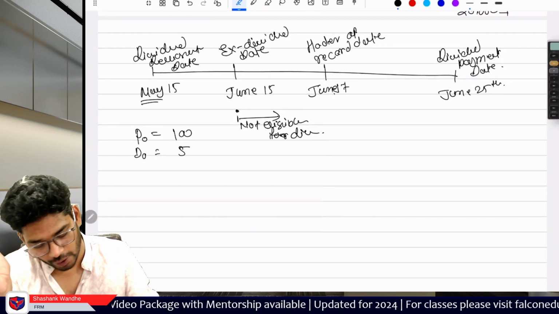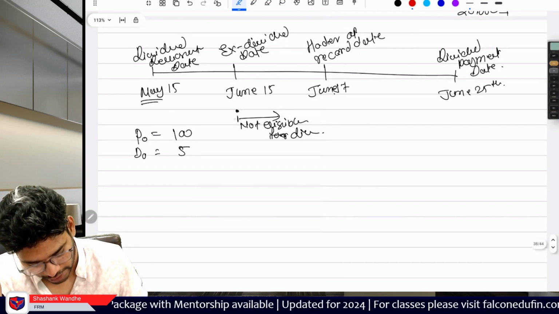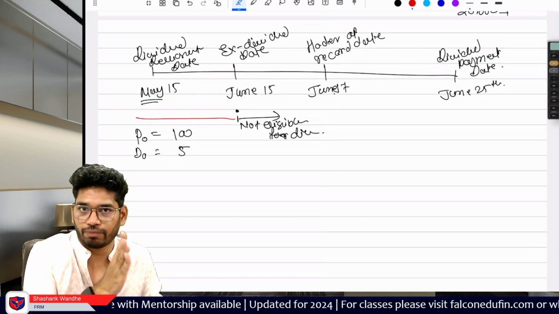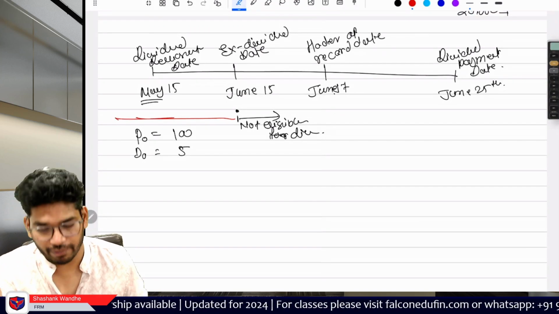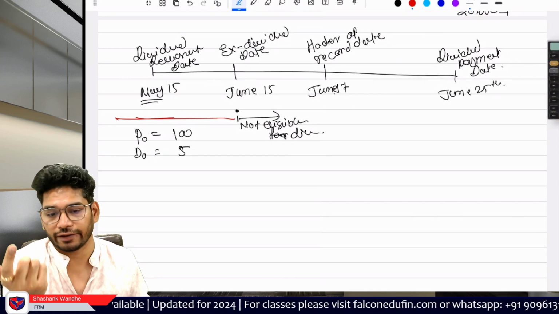So you must hold the share in between this period, before the X dividend date. If you hold the share before the X dividend date, then you will get the dividend.